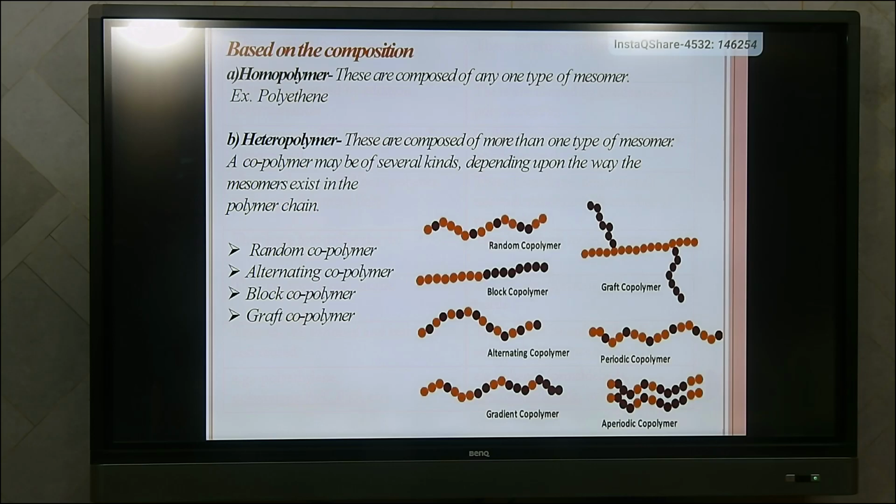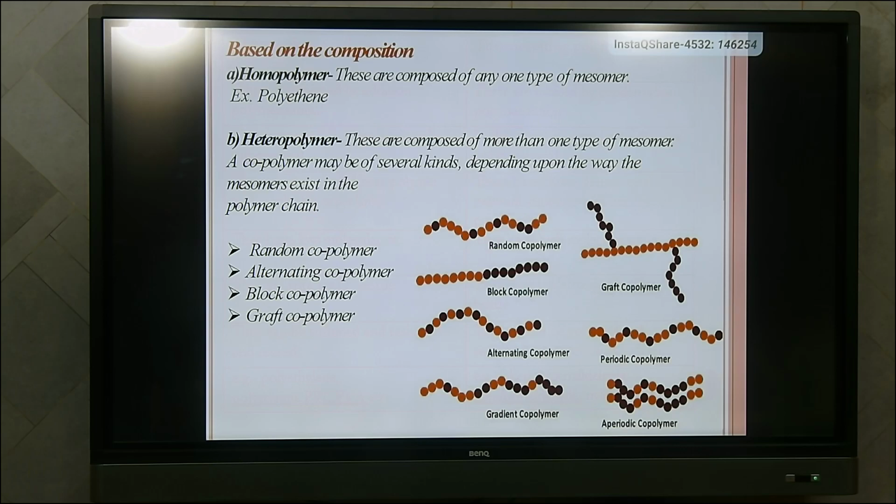composition: homopolymers and copolymers. In a homopolymer all the monomers are uniform and connected from one monomer to the other using linear polymerization, nothing but addition polymerization.